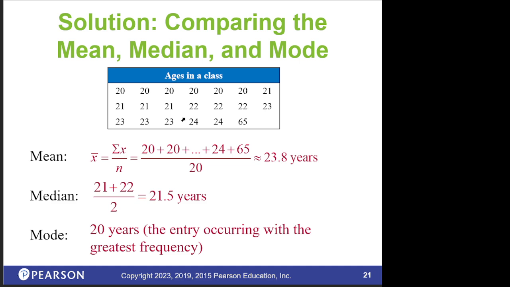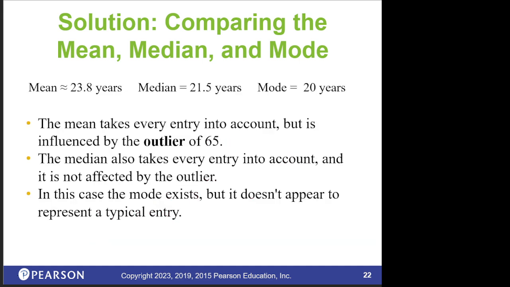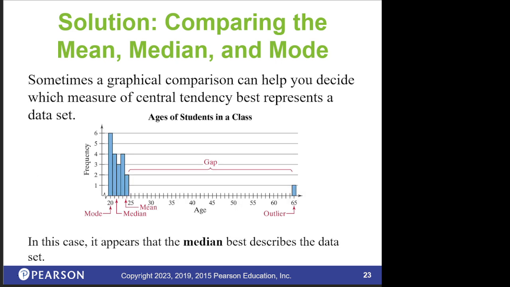The only reason we can see this is that the data is in order. But the 65 pulls the mean forward, and then there's this huge repetition on 20. So the mode doesn't seem to represent a typical entry. The median seems to be sitting closer to the middle of the data, and the mean seems to be at the end of a cluster.